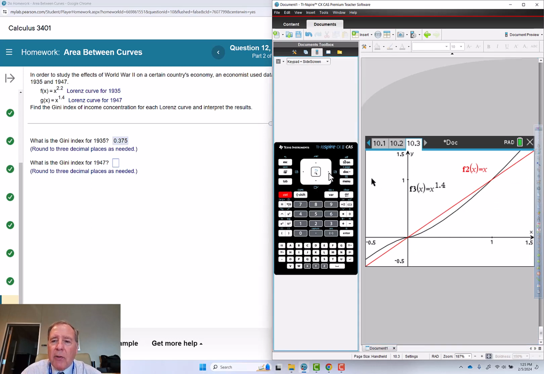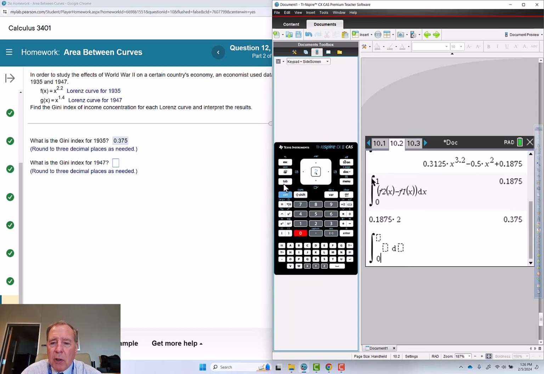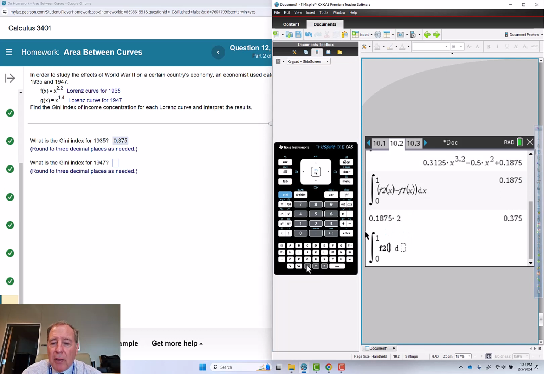So I'm going to go back to the calculator page, shift plus, 0, tab, 1, it's actually 0 that time, tab. The upper function is the line, and then the lower function is f3 of x, and we need a minus in between, tab, dx, we need an x in there.